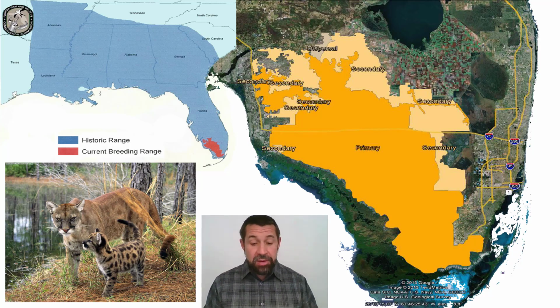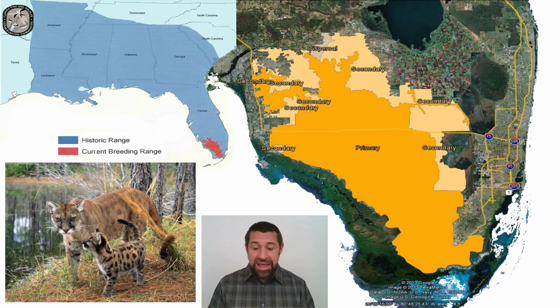A great example of the detrimental effects of small population size is the Florida panther. The Florida panther is a subspecies of mountain lion whose population was so small, only about 20, maybe 30 individuals in the mid-1990s, that inbreeding resulted in all of these genetic abnormalities, defects like undescended testicles in the male and heart defects.